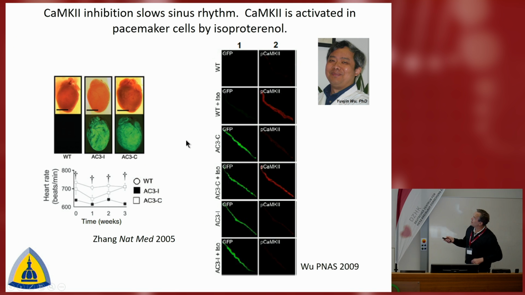So, for people in the grown-up myocyte business, these hardly seem like cells at all. They're very long and stringy. There's actually quite a diversity of their phenotypes, and they quiver, but they are clearly not mechanically purposed. And here you can see, so this is wild type, AC3C and AC3I under baseline conditions, and then when we give isoproterenol.